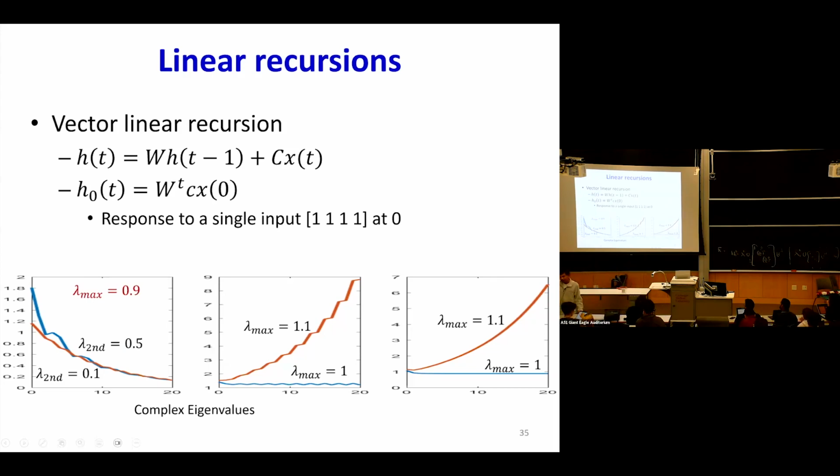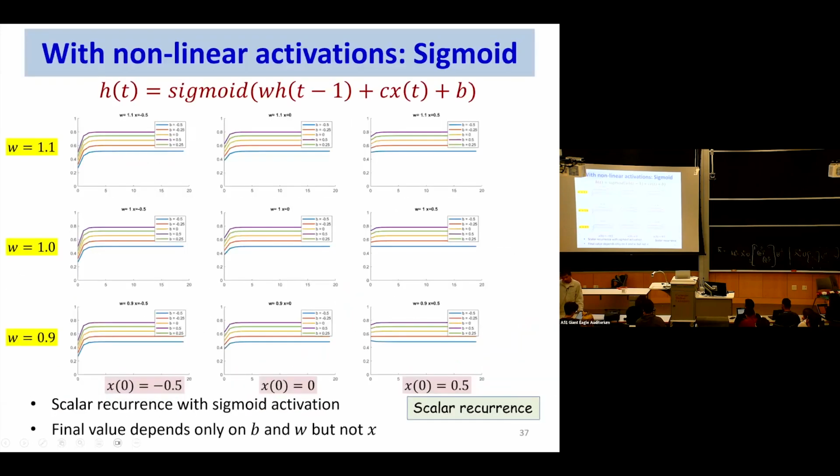Now, we have only analyzed networks with linear activations, right? What happens if I toss in nonlinear activations? You're going to end up with much the same situation. Here, I've still taken the same recursion, except that in the recurrent layer I have used a sigmoid activation.